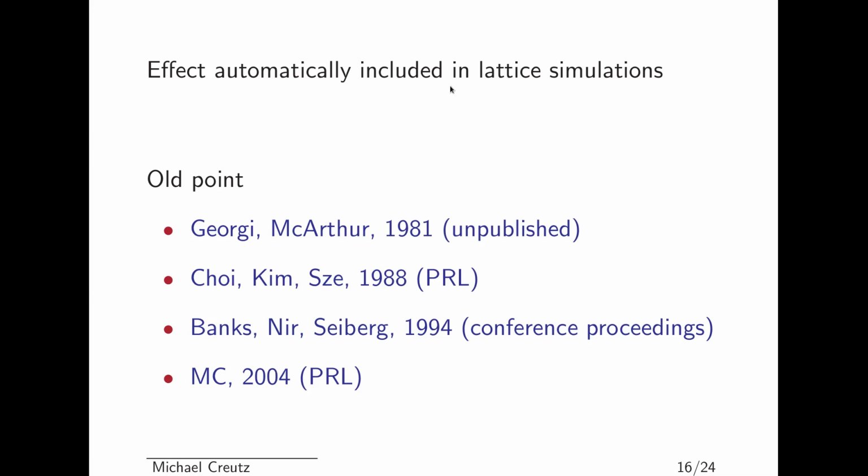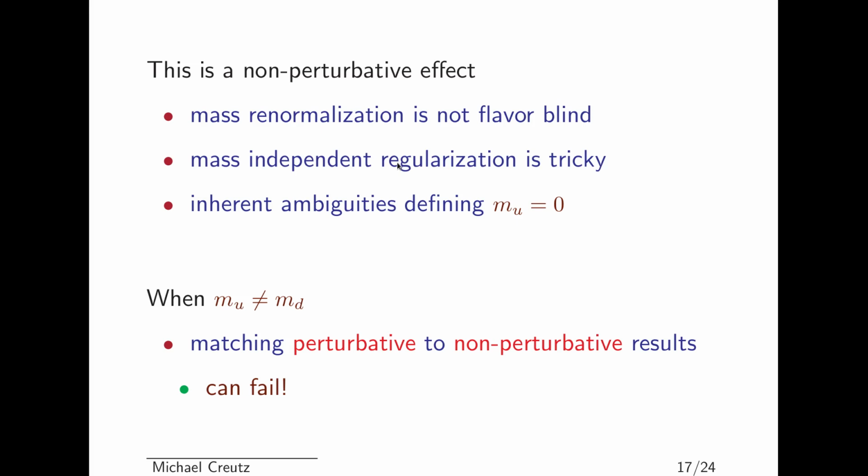This effect, of course, is automatically included in lattice simulations because we're really non-perturbative and we sum over all possible configurations. This is actually an old point. It's been raised many times over the years. My first paper on this was 2004, so there are much older ones. And it is non-perturbative. And it has some important consequences.